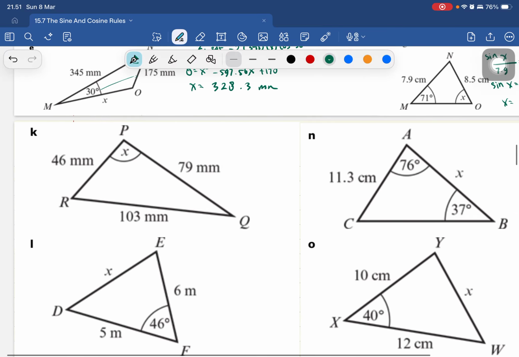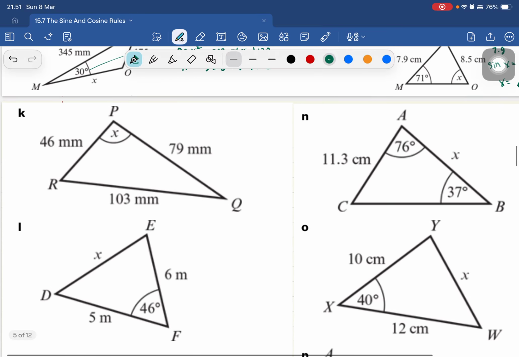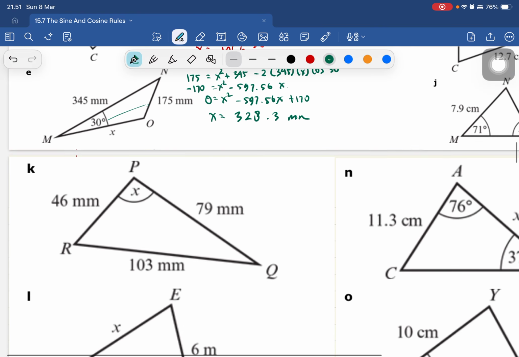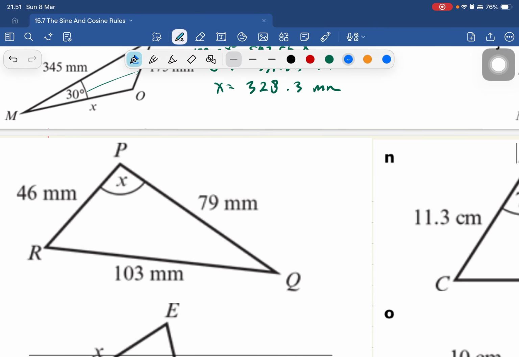Next, we got more than two sides, so we will use the cosine rule. Here, cosine rule. So 130 degree is equal to 79 square plus 46 square, and then we minus by 2 times 46 and then 79, it's gonna be cos x.